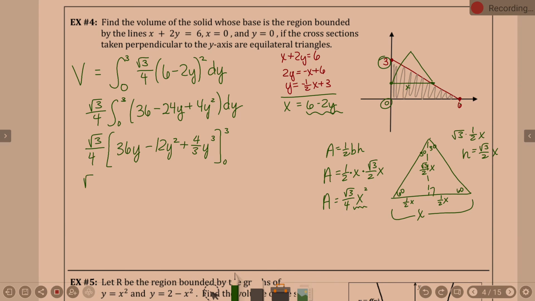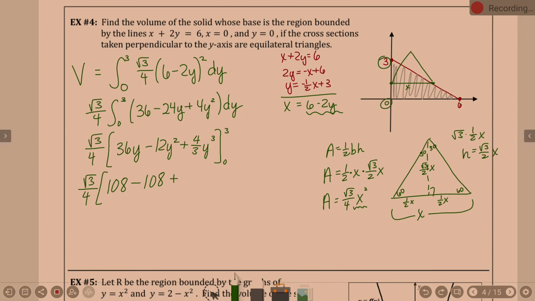Square root of 3 over 4. 36 times 3, 108. Minus 12 times 3 squared, 12 times 9, 108, I think. Plus 4/3 times y cubed. 3 cubed is 27. Divide that 3 out is 9.